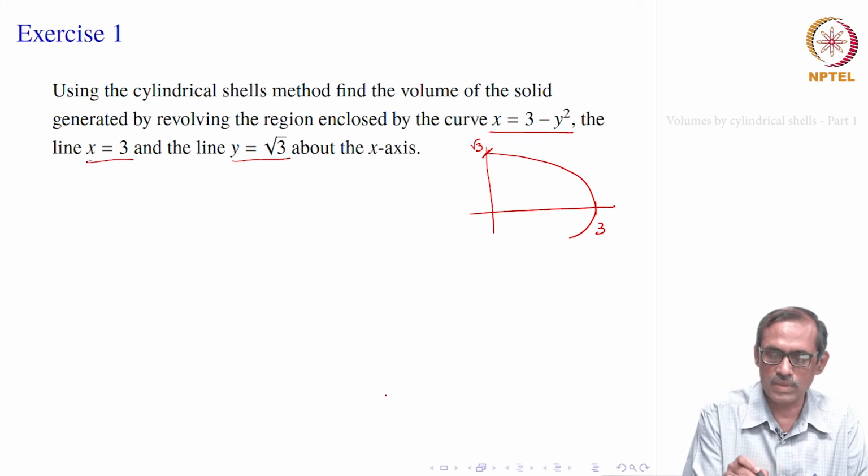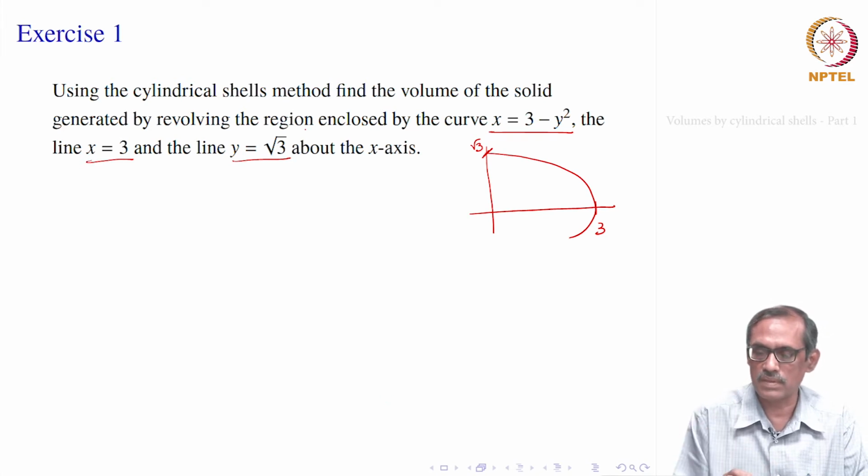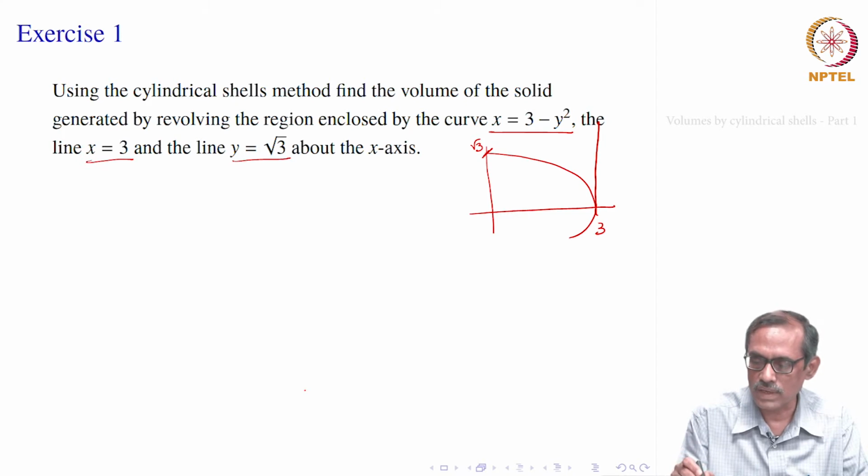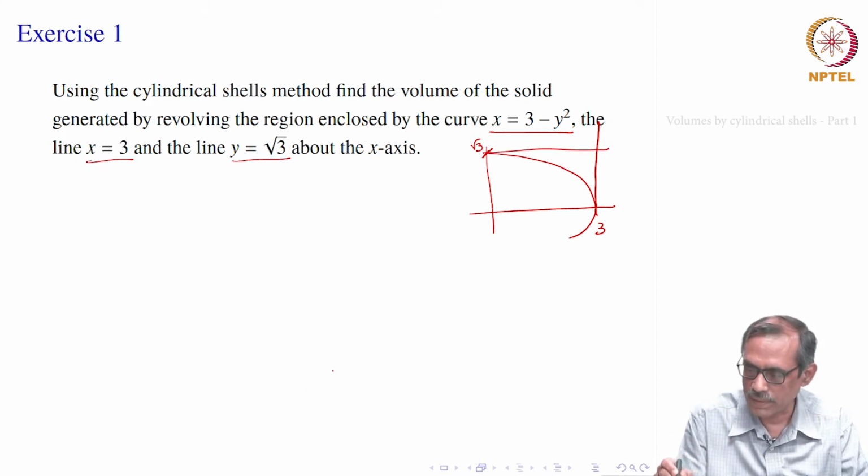So, we want to see the region enclosed by the curve 3 minus y square, the line x equal to 3 and the line y equal to root 3. So, the region bounded by them is this shaded one, which is not inside that parabola, it is outside.